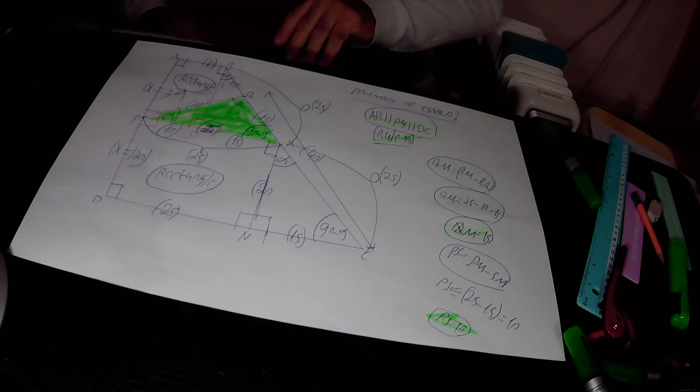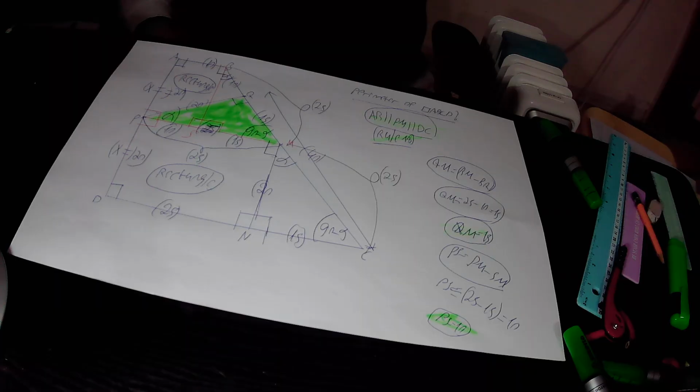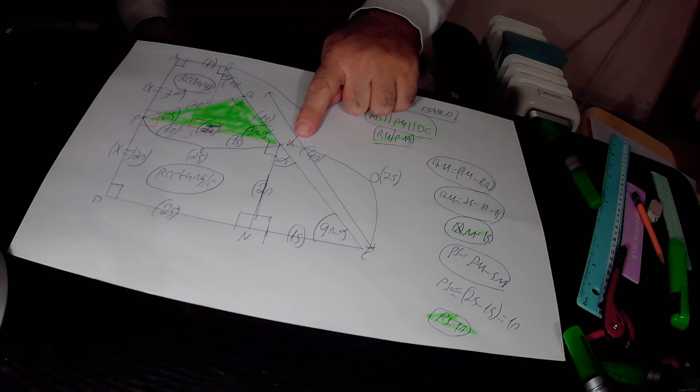So we found out that BM equals MC, and therefore point M is the midpoint of BC.